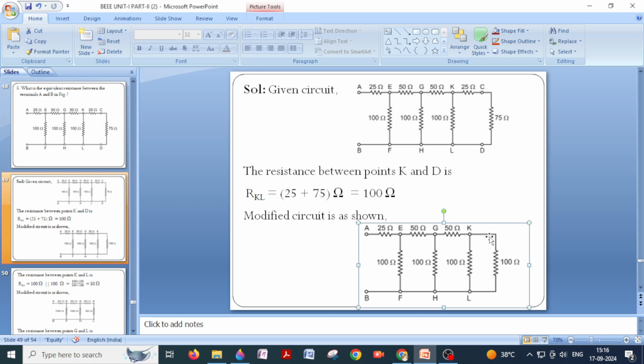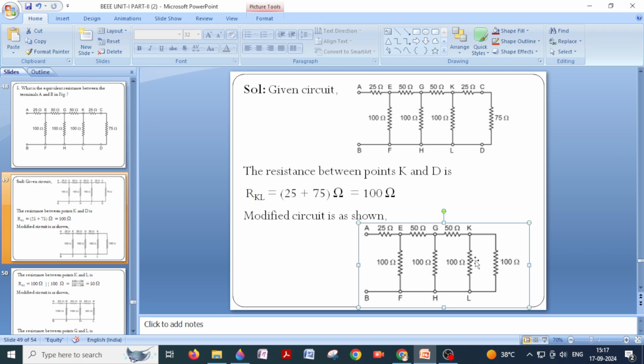Since these two branches have a common point at this node, and a common point at the other node, these two branches are said to be connected in parallel. What will happen if current enters from this 50 ohms resistor at this junction K? Current will divide into two parts.